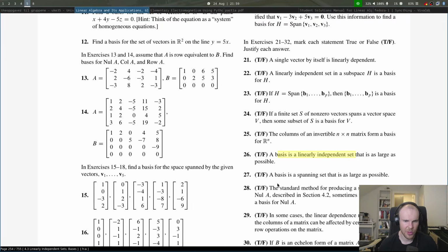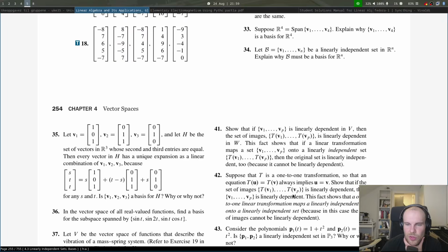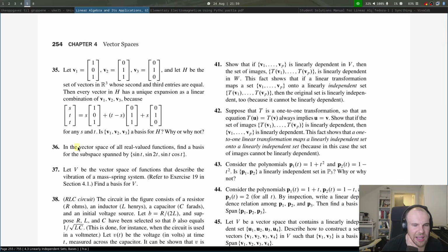And we also have 36. What was 36? In the vector space of real valued functions, find a basis for the subspace spanned by these. Pretty easy. I can take 10 times sine t, for example, but I can't represent sine t with sine 2t, right? Because 10 times sine t is not sine 2t.